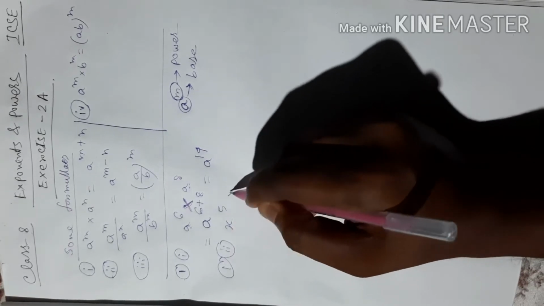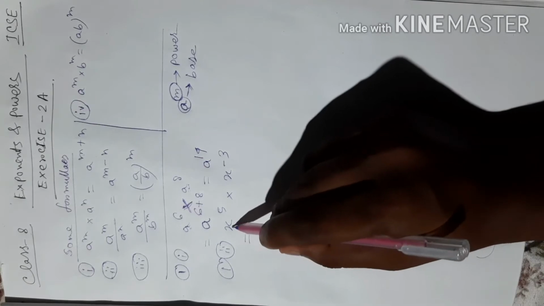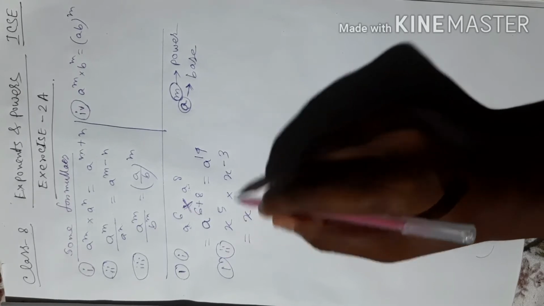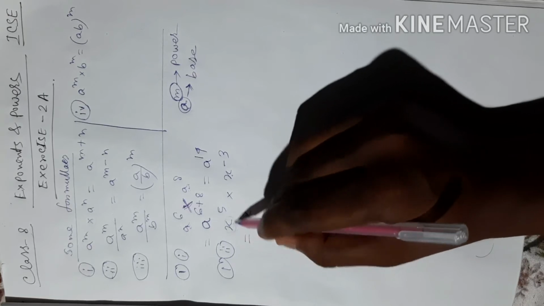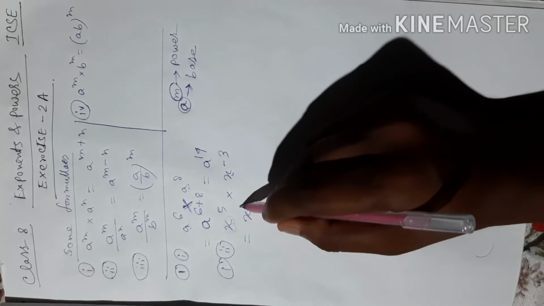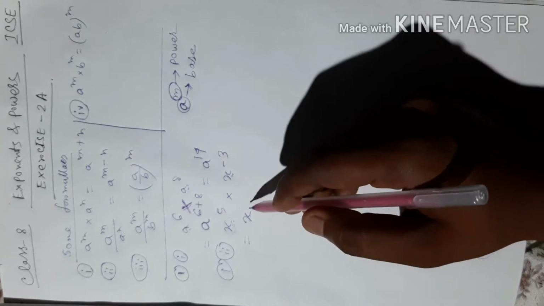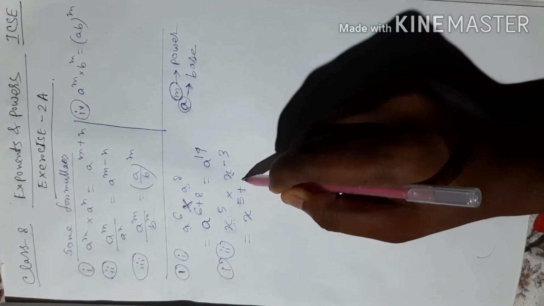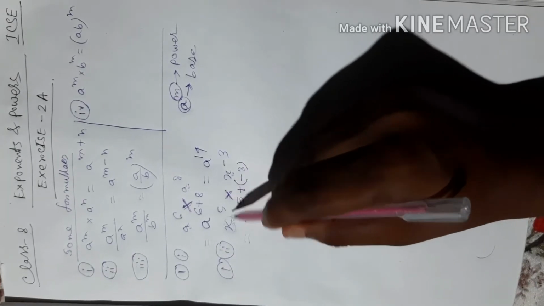x to the power 5 multiplied by x to the power minus 3. Here the two bases are the same and we write x, and the power of x is 5 plus minus 3, because when the multiply sign is there we add the powers.